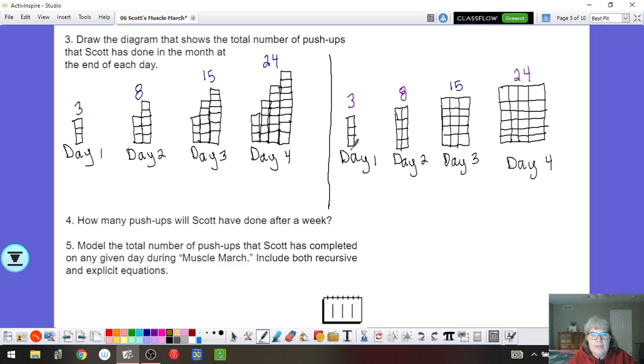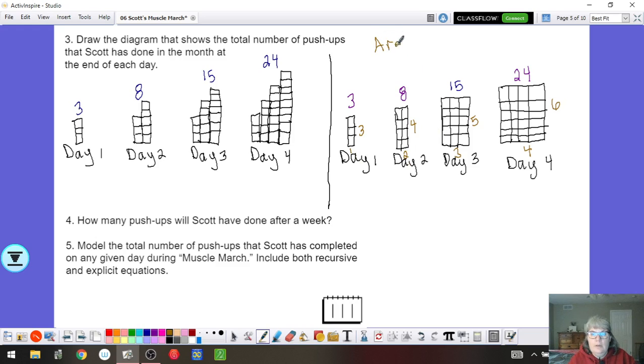I have a rectangle that's 1 by 3, a rectangle that's 2 by 4, a rectangle that's 3 by 5, and a rectangle that's 4 by 6. One thing I notice is the number of columns, so my distance across, matches my day number.